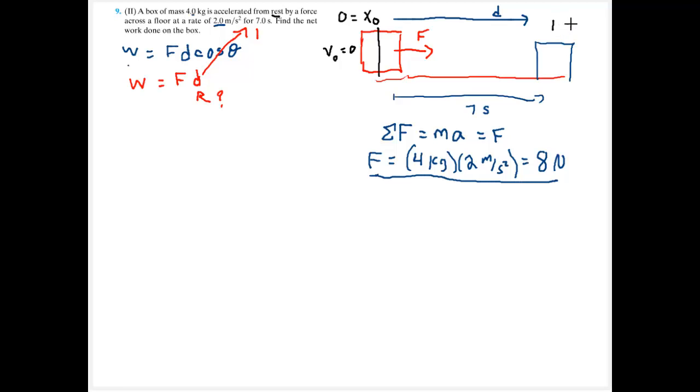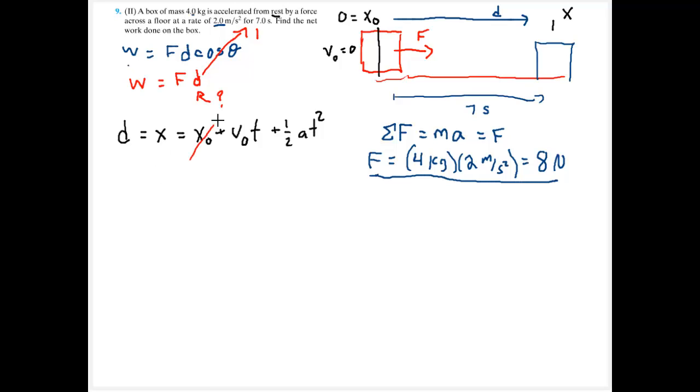And at the end of the day, it's going to have some final position. I'm going to call that x. And that x is also going to be my distance that I'm interested in. So distance is equal to position, which is equal to initial position plus initial velocity multiplied by time plus 1/2 acceleration times time squared.